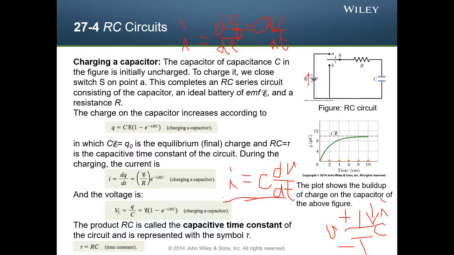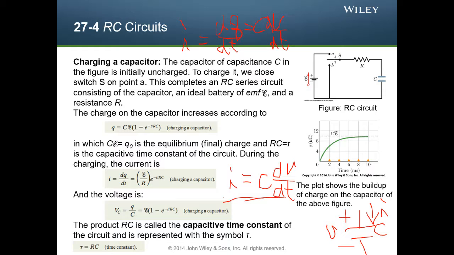Then you substitute into the original equation, and you can find B and C. And with the initial condition, you can also find A. Moreover, you can have Vs equal to, for example, e to the at, where a is another constant.